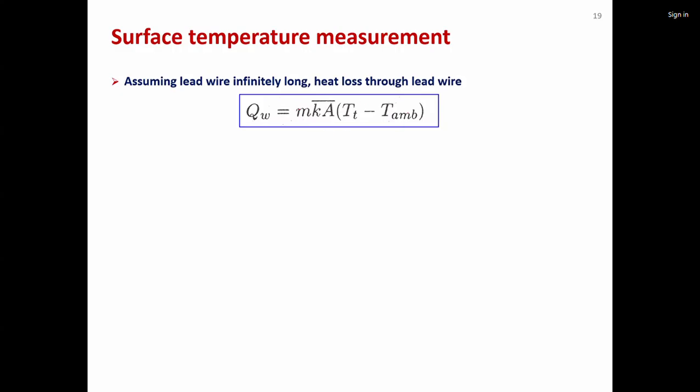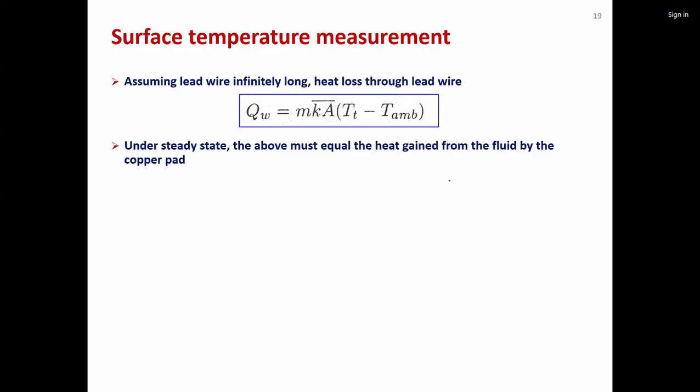Any heat transfer textbook on fin heat transfer will show you this formula. And typically M is represented as square root of P into H bar over Ka bar. Now under steady state, this heat loss through the wire must equal the heat gained from the fluid by the copper pad.